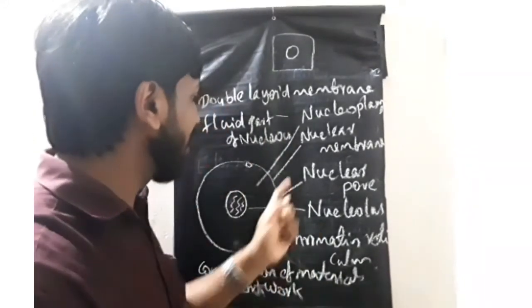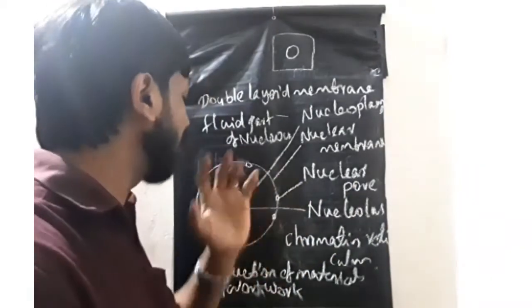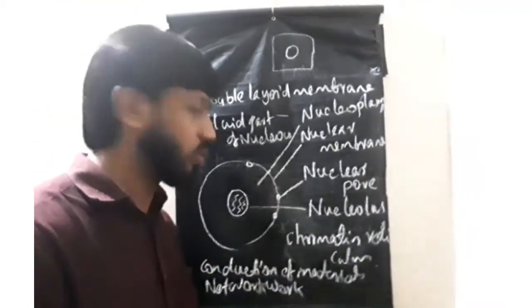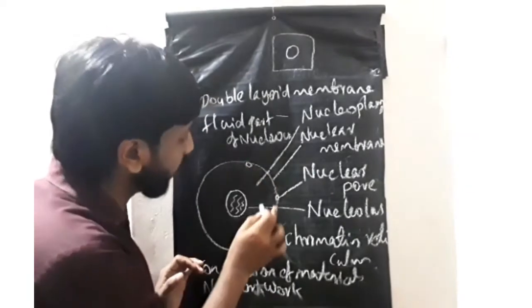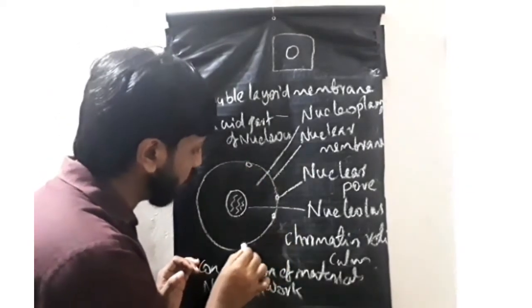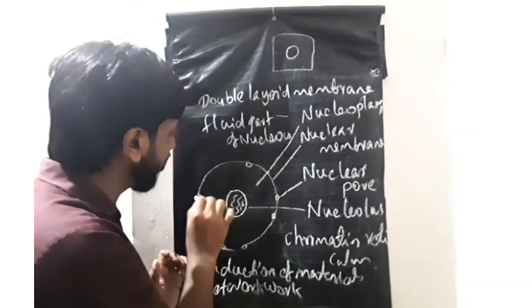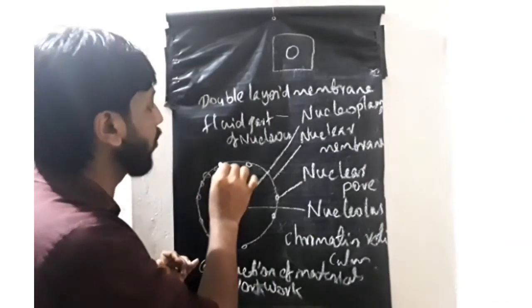Next we look at the nuclear pore. Very simple. A nuclear pore is a minute opening seen on the surface of the nuclear membrane.